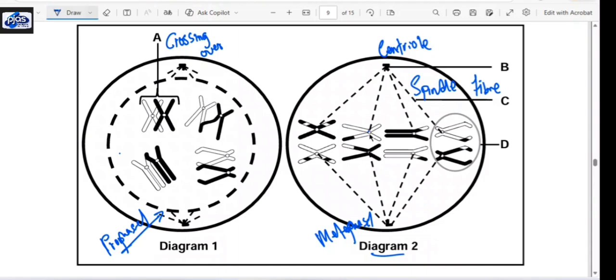You understand? So the centromere is this, which is the structure that attaches the two chromatids together. So now D represents what? Homologous chromosomes. You see, these are homologous chromosomes. You understand? Please be able to identify the phases, good people.